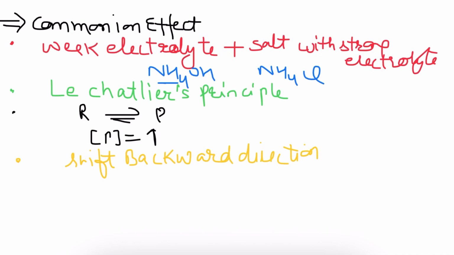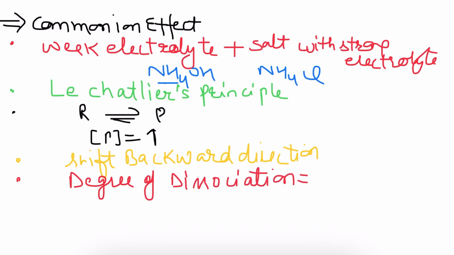Because of the shifting of the reaction in the backward direction, the degree of dissociation of the reactant decreases. This results in low concentration of anion on the product side.